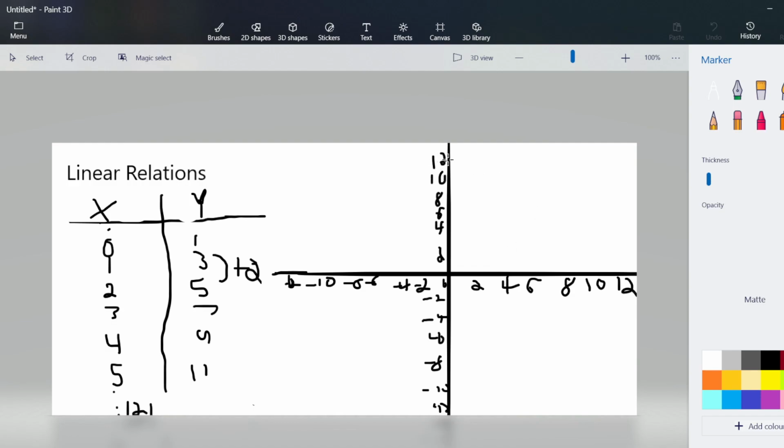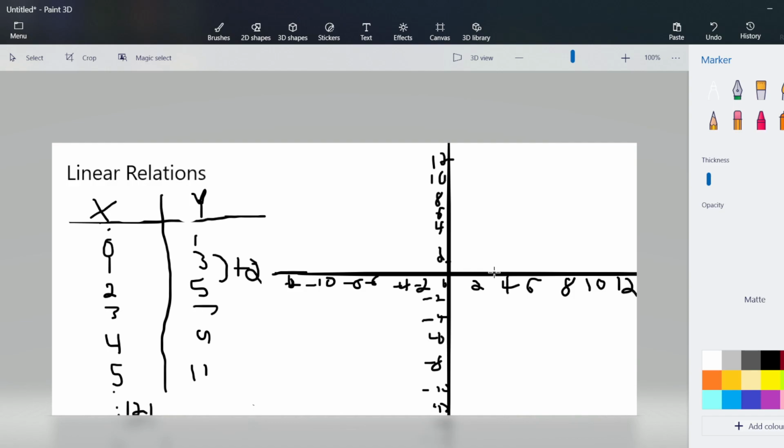Okay, so now let's plot this on the graph. So we know this is our x-axis, this is our y-axis. When x is 0, y is 1, so let's plot that down right there. When x is 1, y is 3. So let's plot that down.